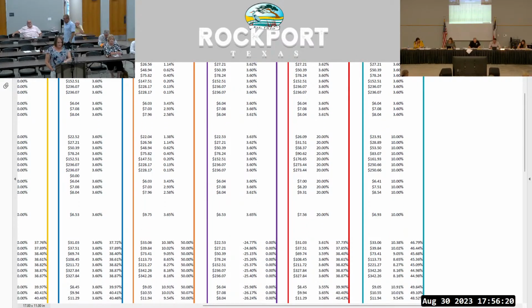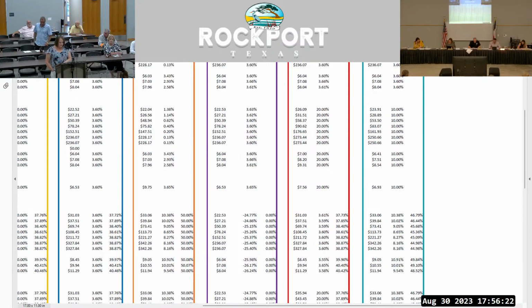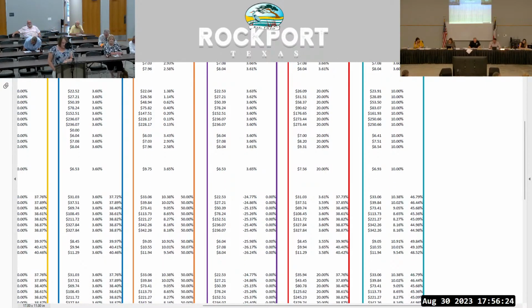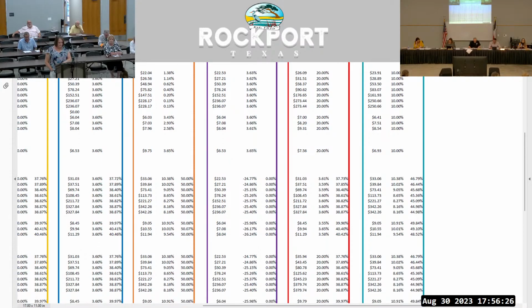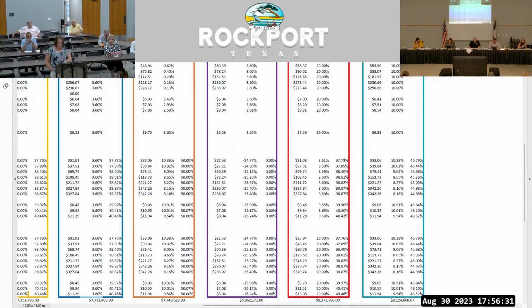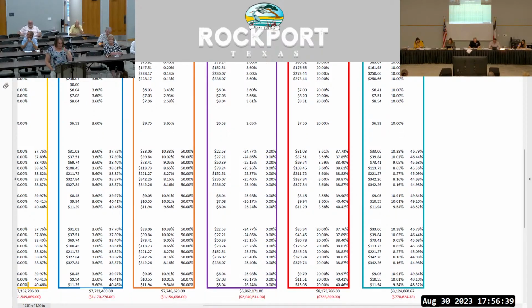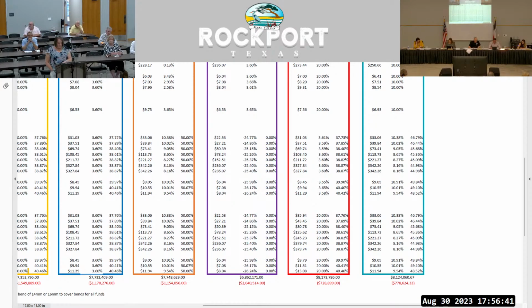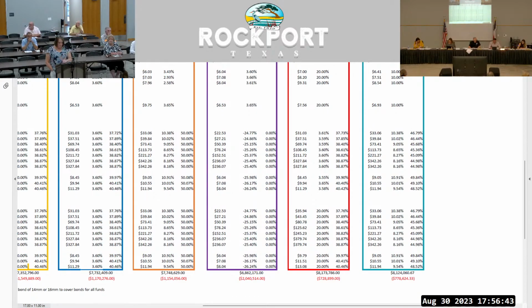The out of city increase is at the upwards end 10.9%, at the lower end 8.16 for the in-city residential. The out-of-city commercial falls into that lower portion as well.